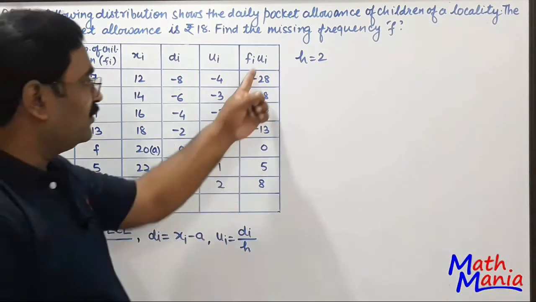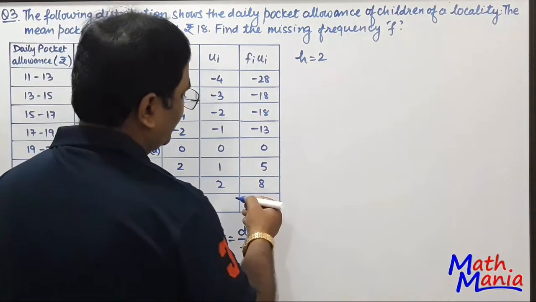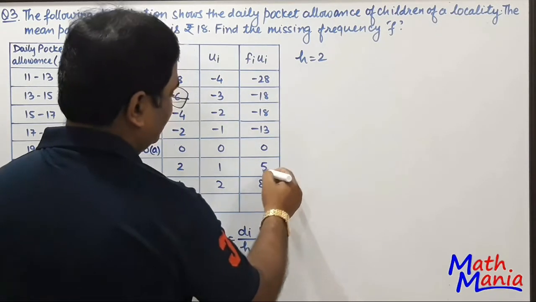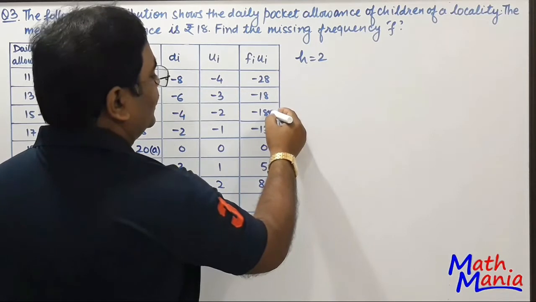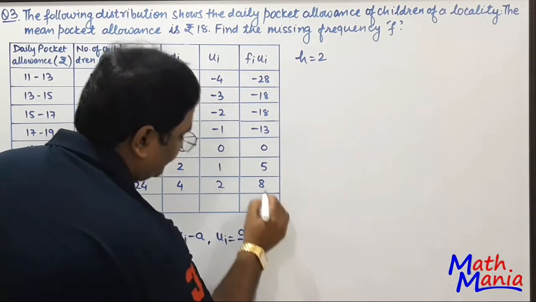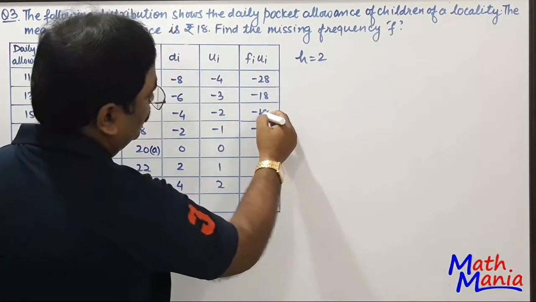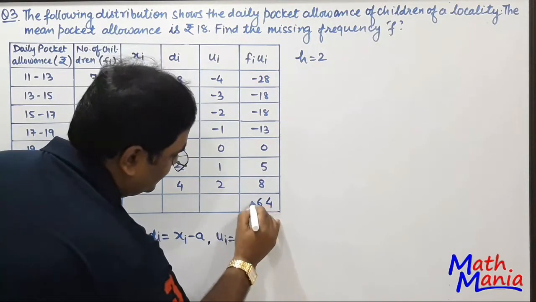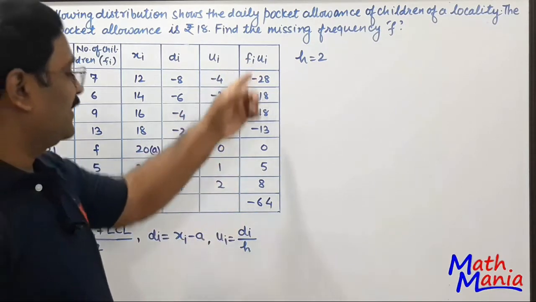Similarly, we have to find the sum of this column. Minus 64 is the sigma fiui.